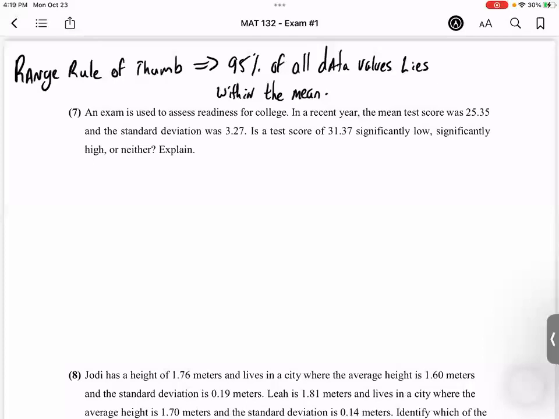we are applying the range rule of thumb. Essentially, the range rule of thumb states that 95% of all data values lie within 2 standard deviations of the mean, right? So let's just look at a picture. If I drew out a number line, let's say this number line represents your test scores.